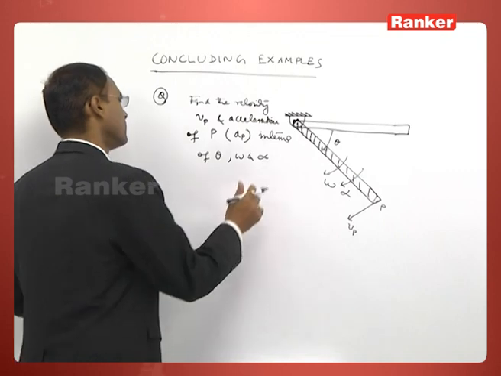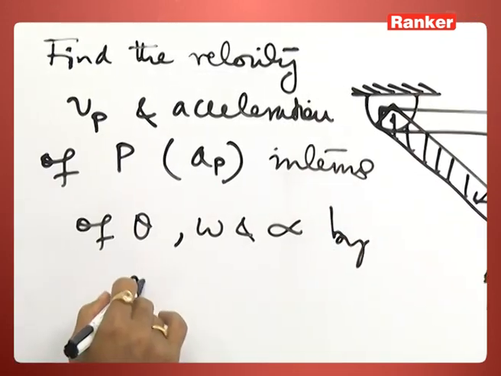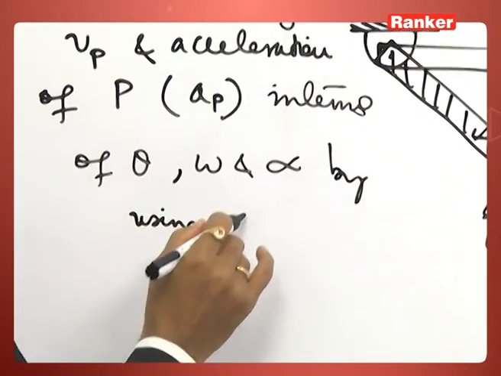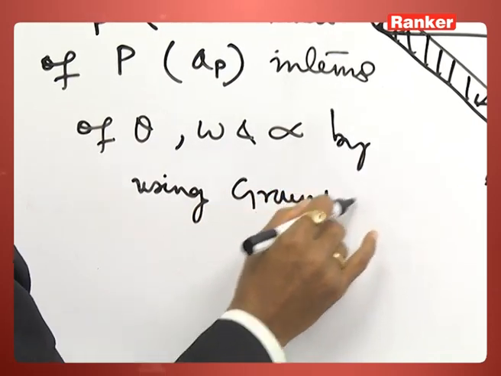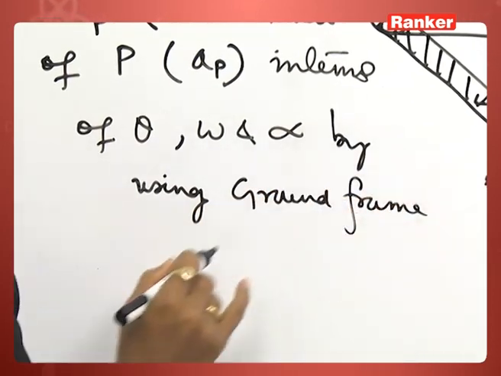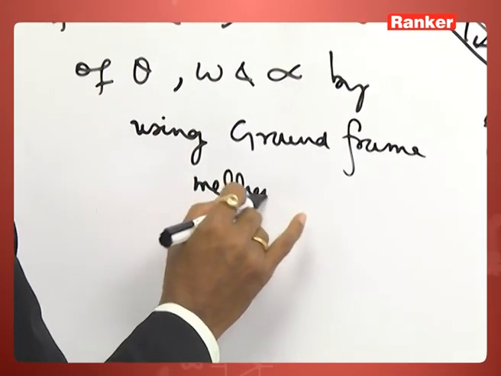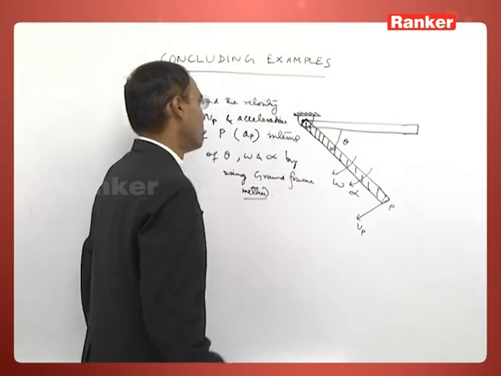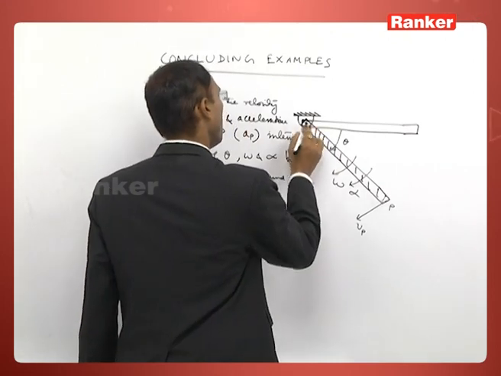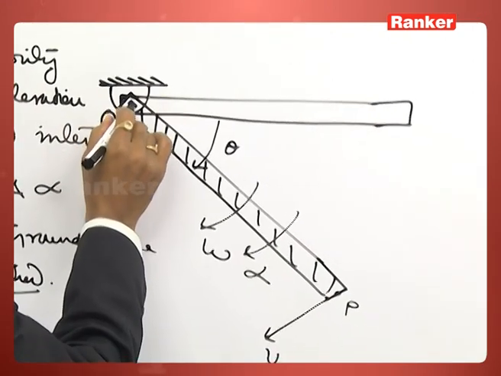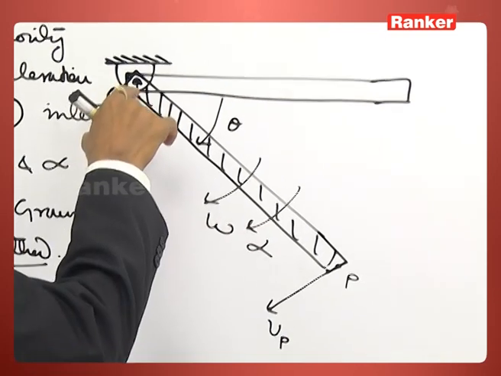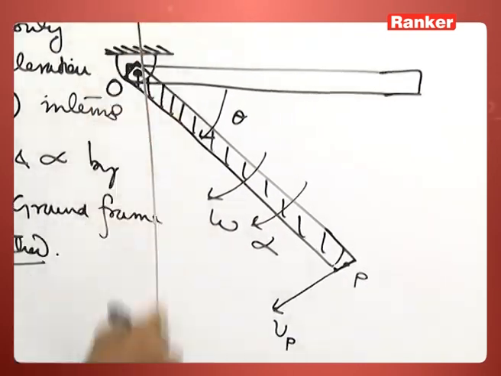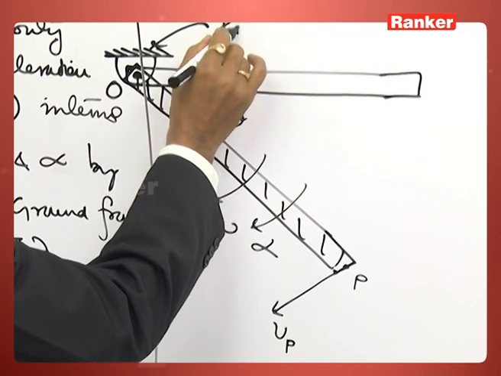By using the ground frame method. For ground frame method, we need a fixed point. Let this fixed point be the pivot. This is the pivot.